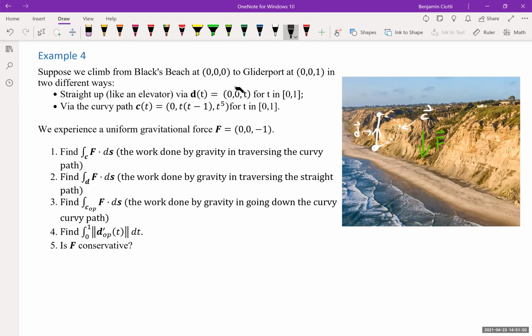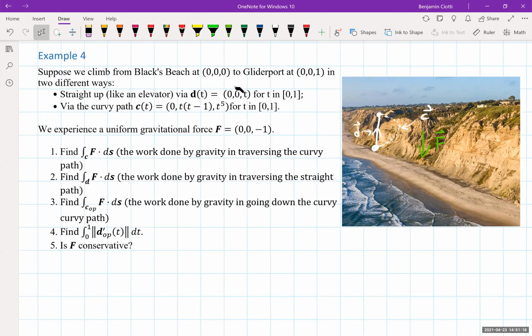Let's then calculate some of these line integrals. Okay, I'll do the first one and the second, and then I'm going to ask you to do 3 and 4. So the first one, let's find the work done by gravity if we go up the curvy path.